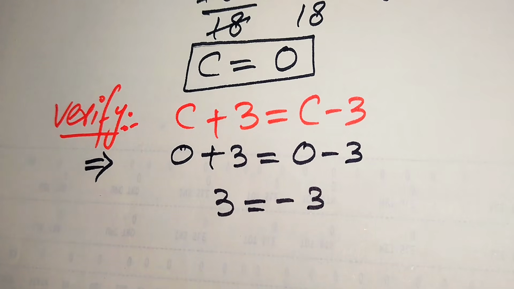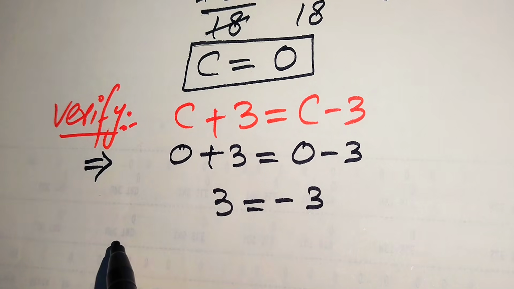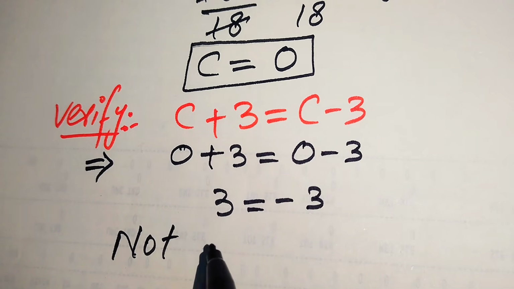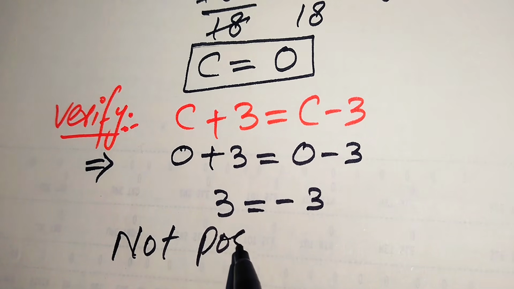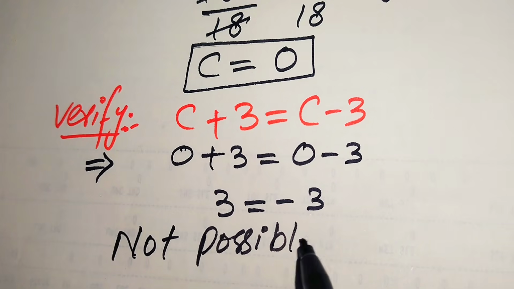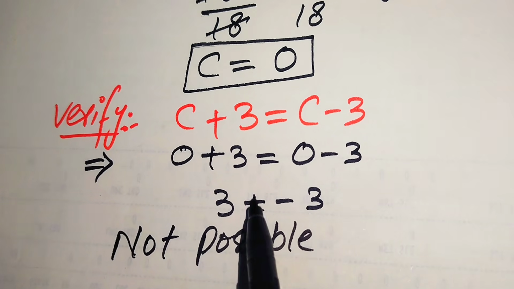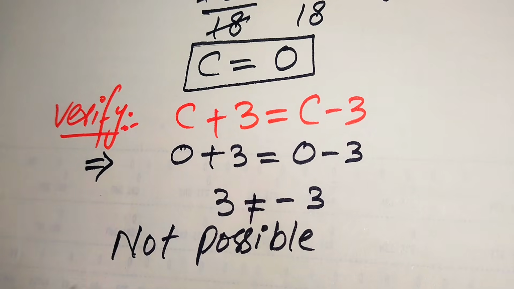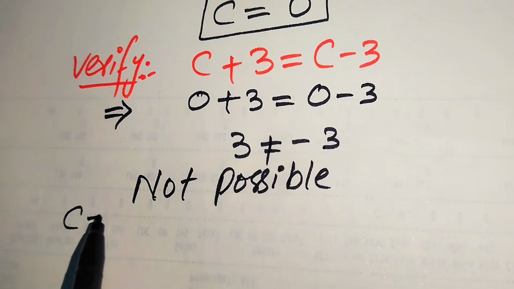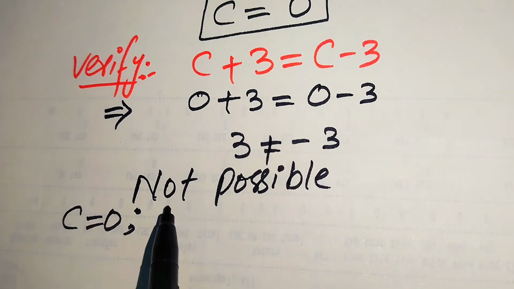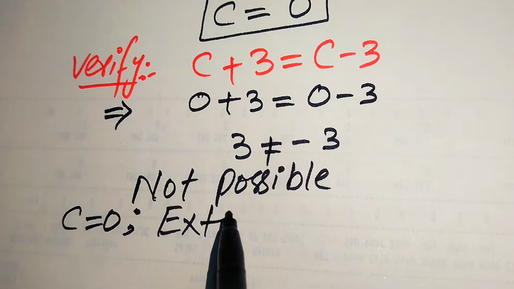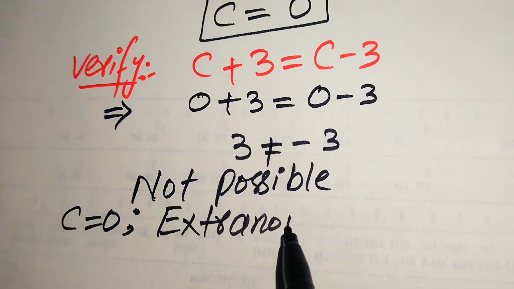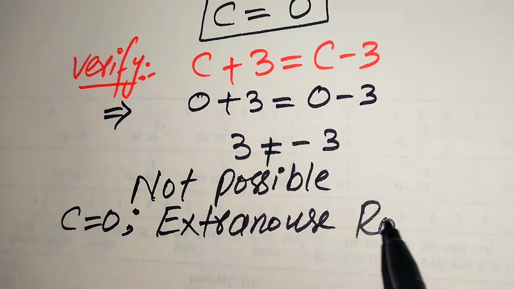Positive 3 is not equal to negative 3, so this is not a possible case. This means that the value c equals 0 does not satisfy our given question statement, so we will call c equals 0 an extraneous root of the given equation.